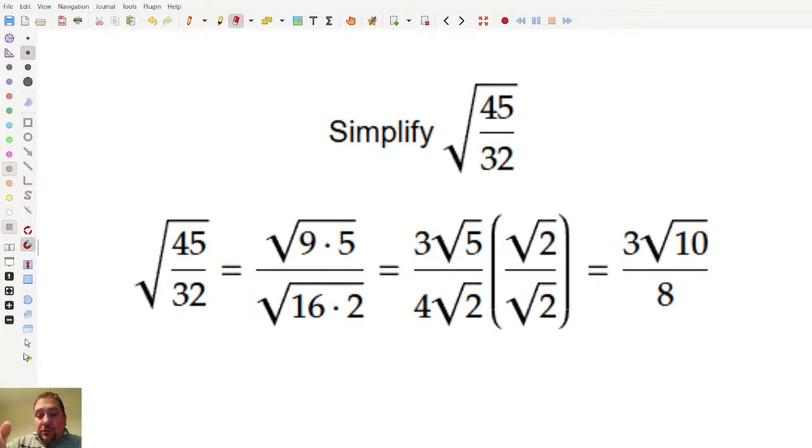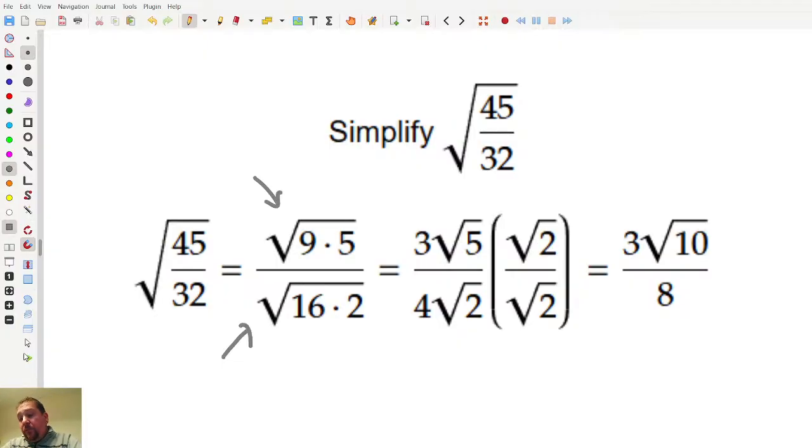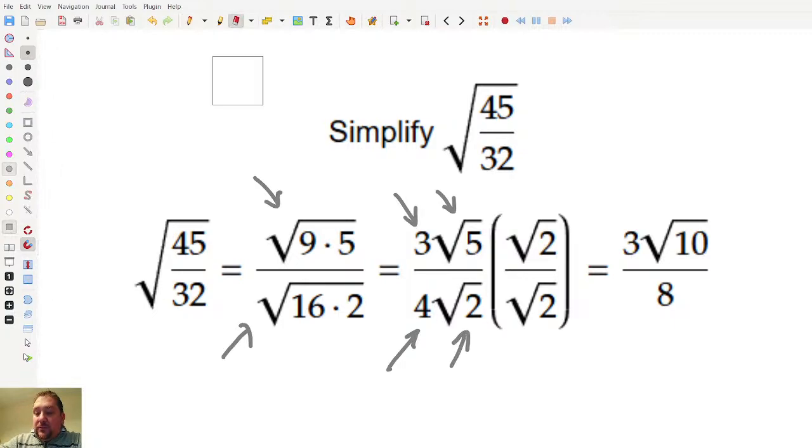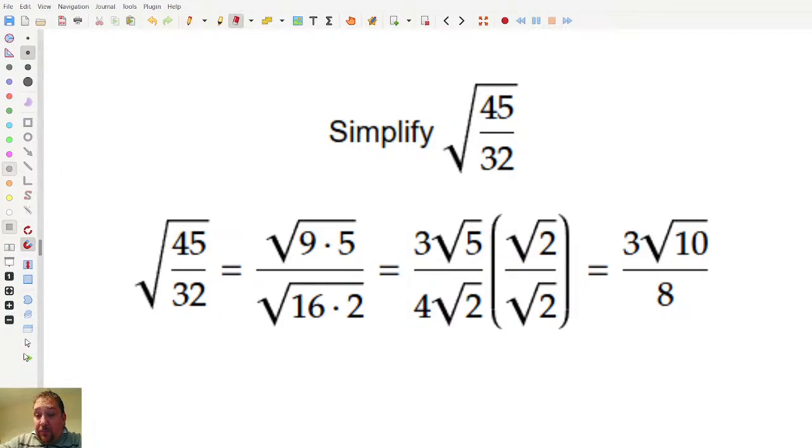So I did 2 steps here, kind of in one. I applied the property that says the square root of a fraction is the square root of the top divided by the square root of the bottom. I also started to set up my perfect square factors, which I just talked out loud. Now the 9 becomes a 3, the 5 stays inside, the 16 becomes a 4, and the factor of 2 stays inside.